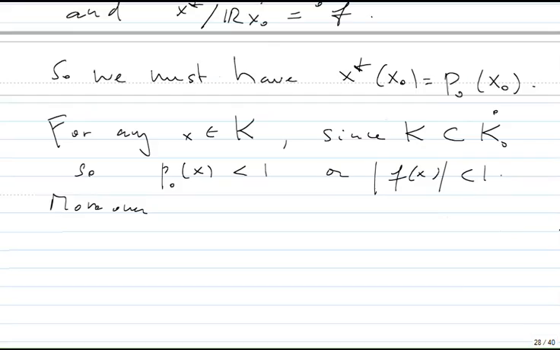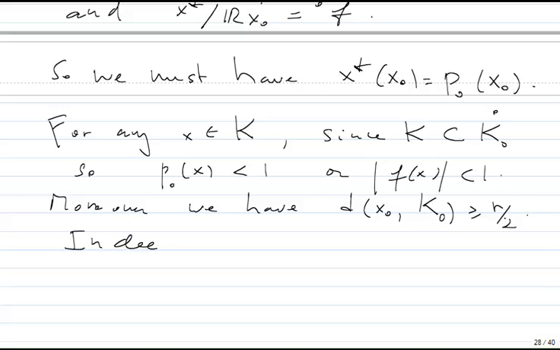Moreover, we have that the distance from x0 to K0 will be greater or equal than r/2. Indeed, this is just for the sake of being complete, to prove this step. Indeed, assume not.